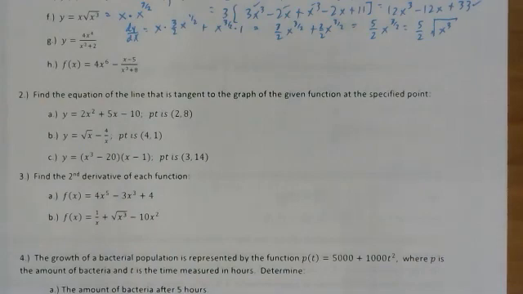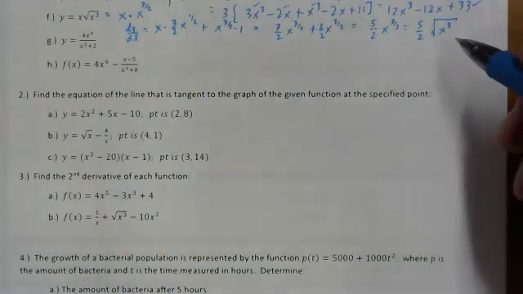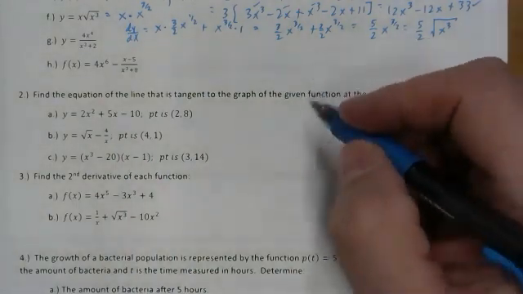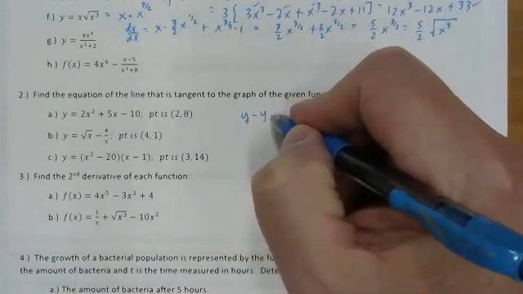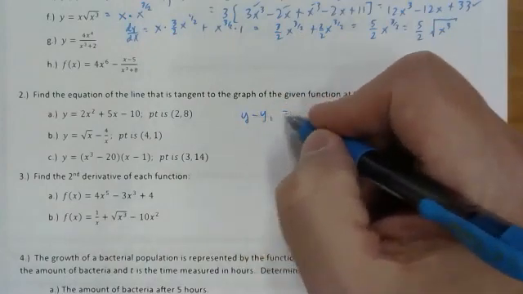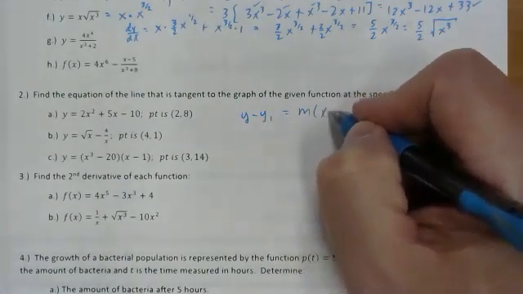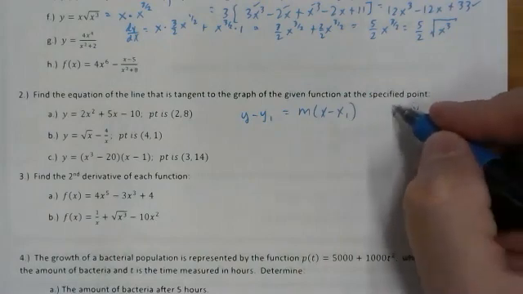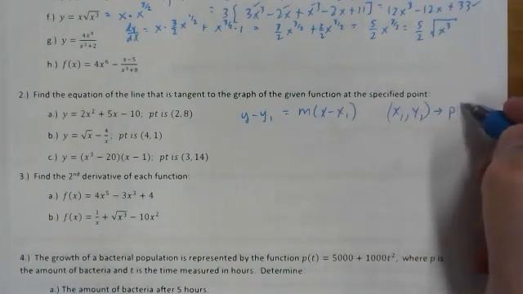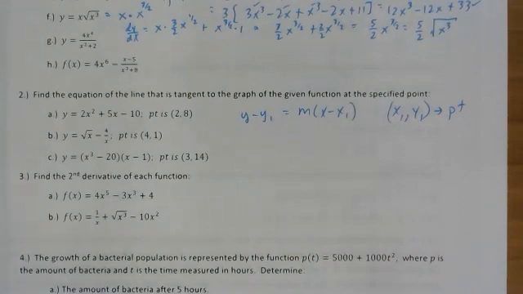So let's talk big picture. The equation I'm going to use is the point slope equation, which is y minus y1 equals m times x minus x1. x1 and y1 is just the point on our graph, on our curve, on our function.